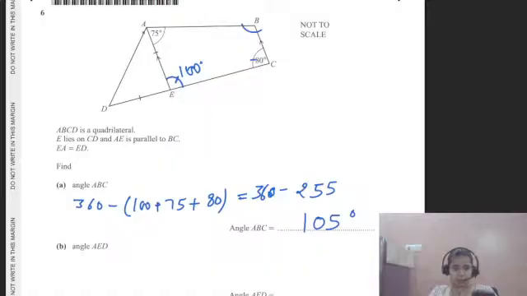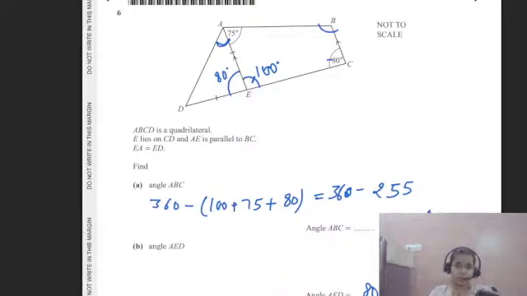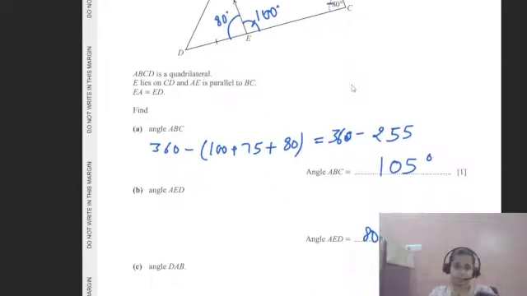Then you have to find angle AED. So obviously this and this angle make supplementary angles. So this angle will be 80 degrees. Simple. You can directly write. And then DAB. For that we can first calculate DAE. For that we can use the isosceles triangle property because AE and DE are equal, so the ADE becomes the isosceles triangle.